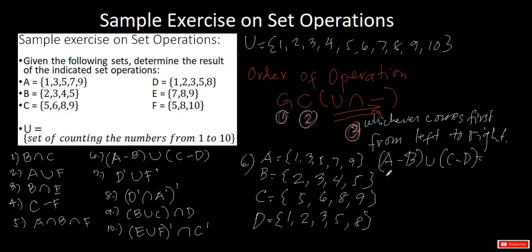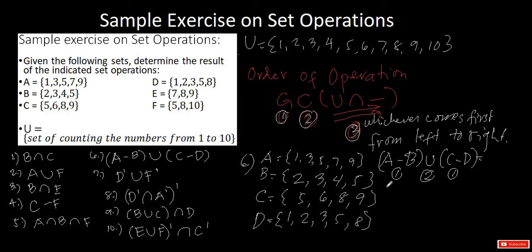Our first step is performing the operation inside the grouping symbol, the parentheses here. And our step 2 is performing the union, which will give the final result of the operation.